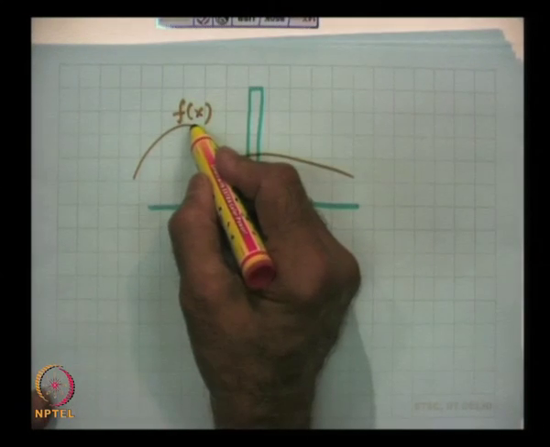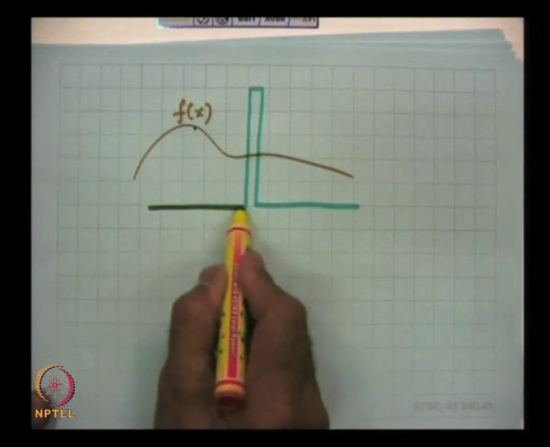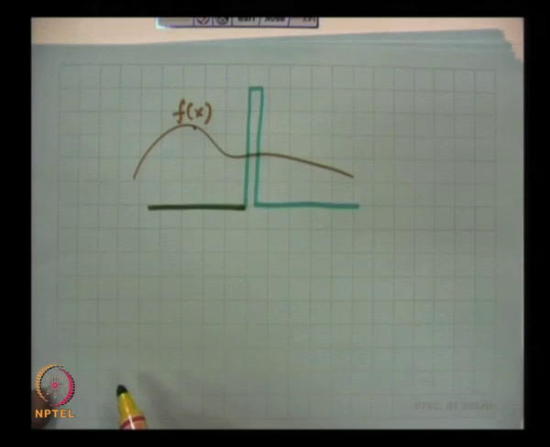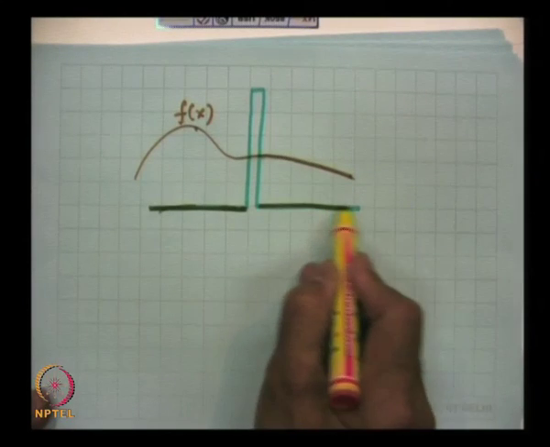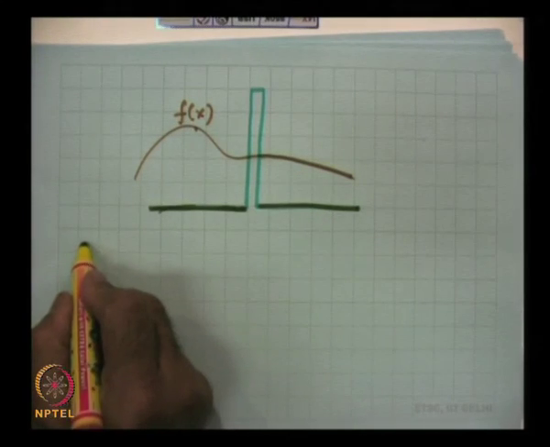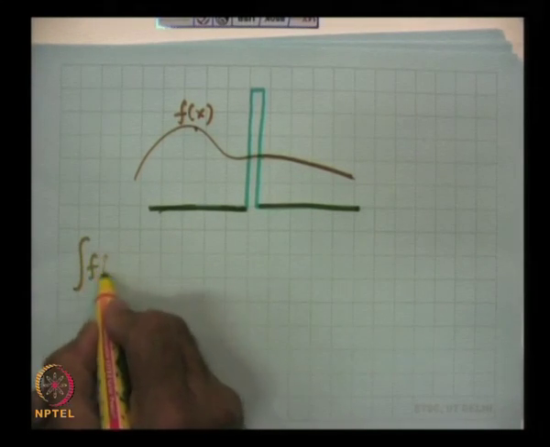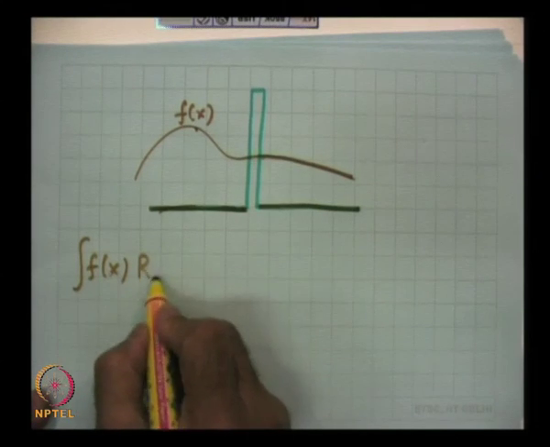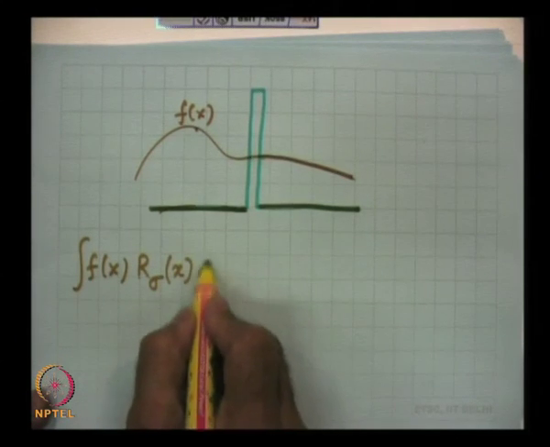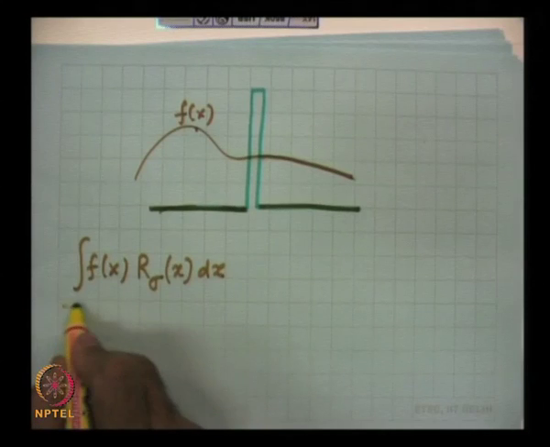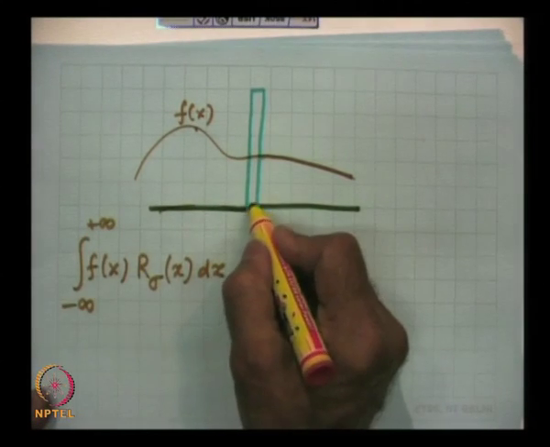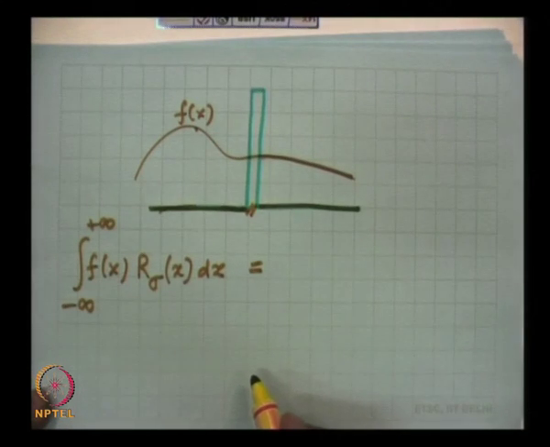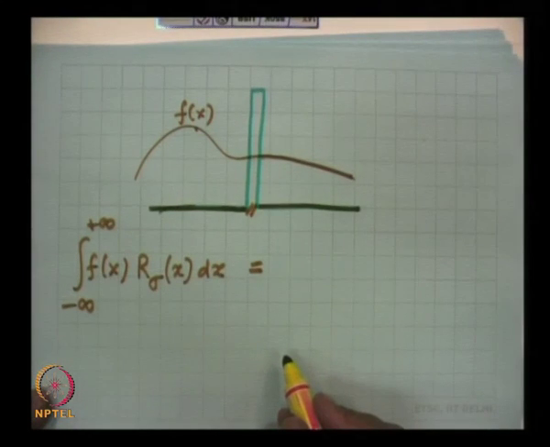Now, the product of this function and this function in this region is 0, because this is 0. The product of f of x and this function is also 0. So, the integral of f of x r sigma of x dx from minus infinity to plus infinity is really between this limit and this limit, because the product is 0 everywhere else.